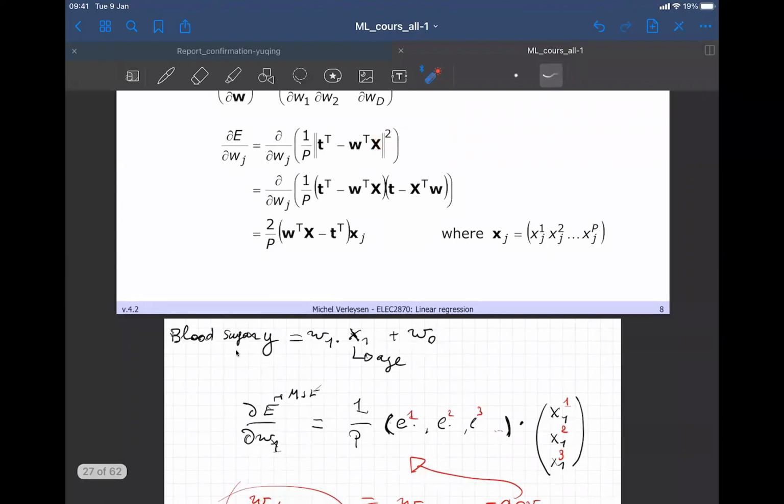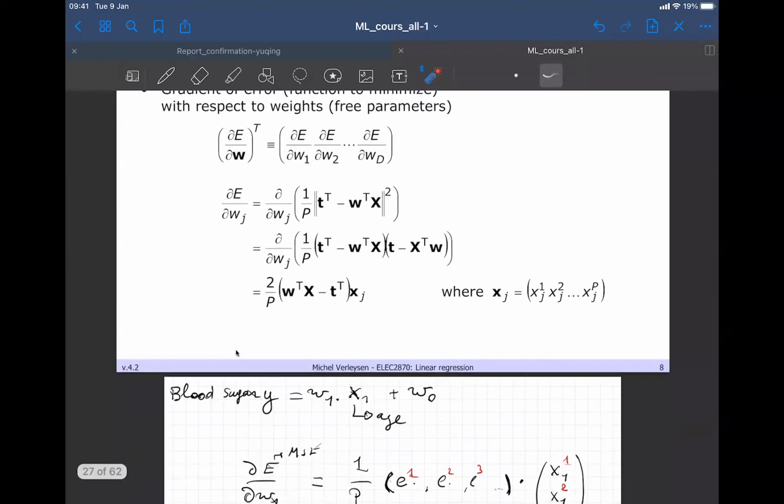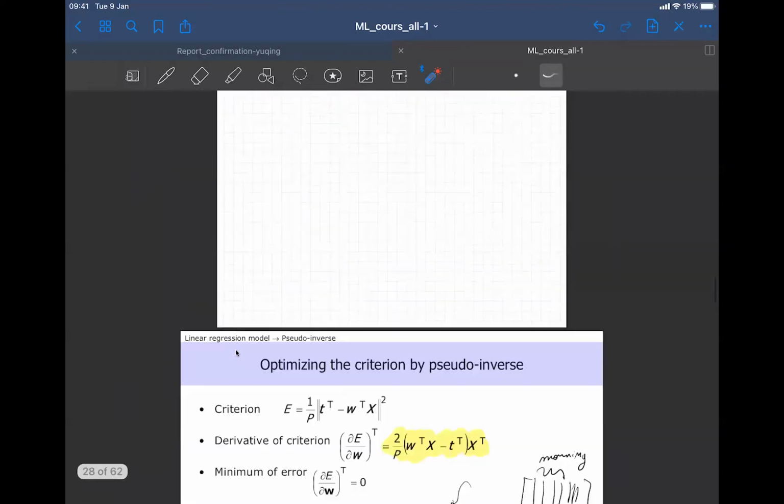So basically, this is the error, you derive. First you rewrite this as this times the transposed. You'd have the 2, and then you derive with respect to W. And because it's just a product, the derivative is x, and so you put x here. Okay. Thank you.